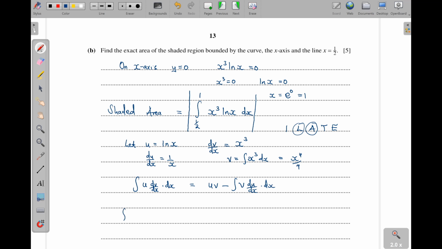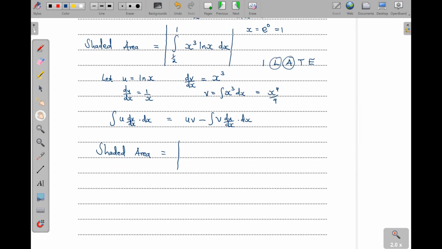That means that our shaded area is going to be equal to the modulus. Now, what is our u? It is the natural log of x, times our v, which is x to the power 4 over 4. I will write this one first so that I don't interfere with this x here.